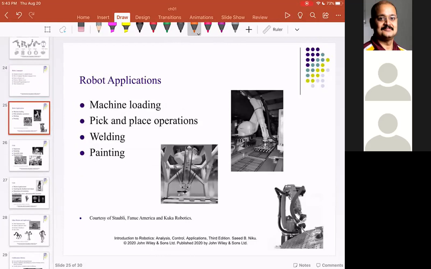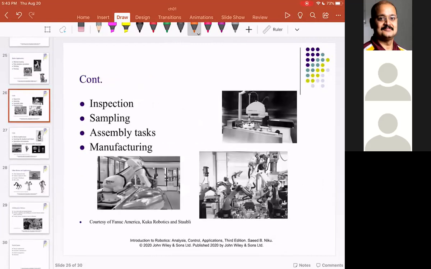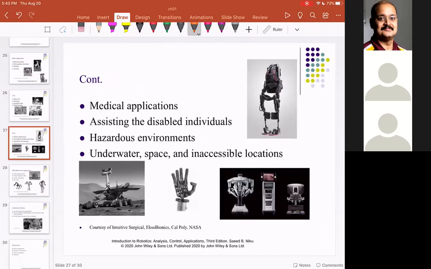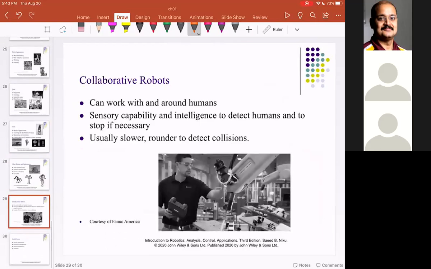Different robot applications can be used for machine loading, pick and place, welding, and painting. There are a lot of applications of robots, and inspection, sampling, manufacturing, medical applications, wearable robots, hazardous environments, underwater robots, humanoid robots, prostheses, and collaborative robots, which are programmed to work with humans.